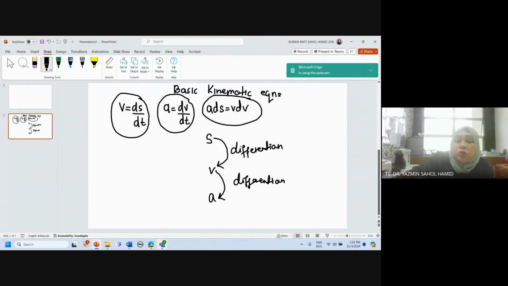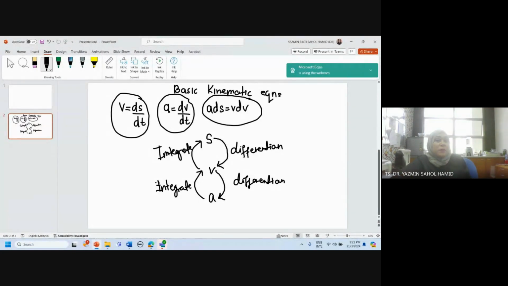But if you have acceleration and you need to find the velocity, you can integrate. Again, from velocity to find the position, you can integrate. So these are the basic kinematic equations in chapter 1, and this is the flow if you want to solve a problem.